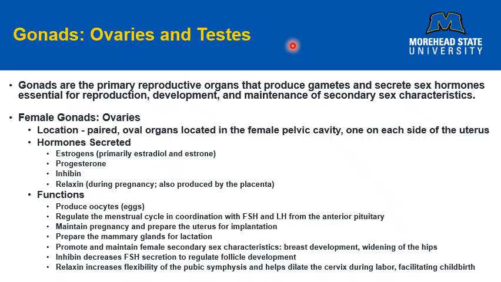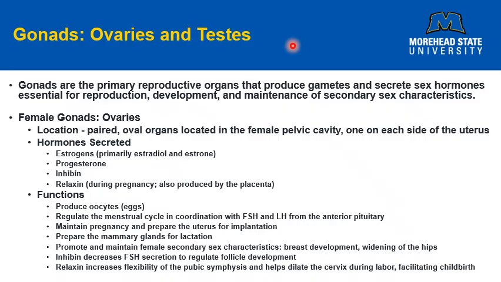It also helps with going back from changes in the breast development, such as lactation. Some of these estrogens help it go back, because as breastfeeding is occurring, the ducts are changing and expanding within the breast, and once you're done, they have to go back to normal. So they're there to help that as well.